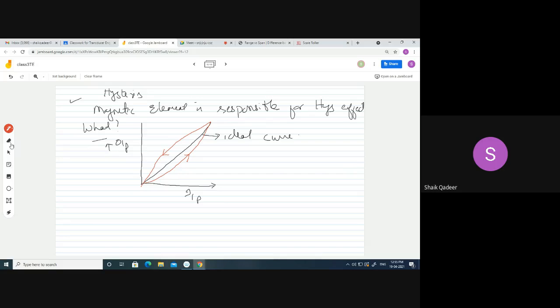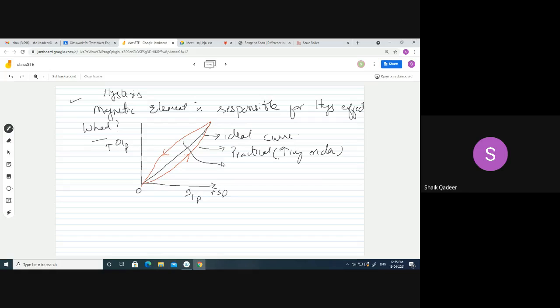This is the starting value, this is FSD. Starting from 0 and moving to the final FSD, I get this relation in increasing order.